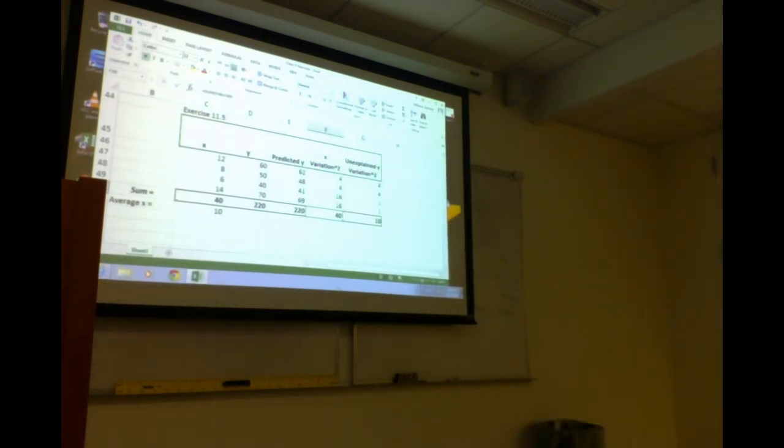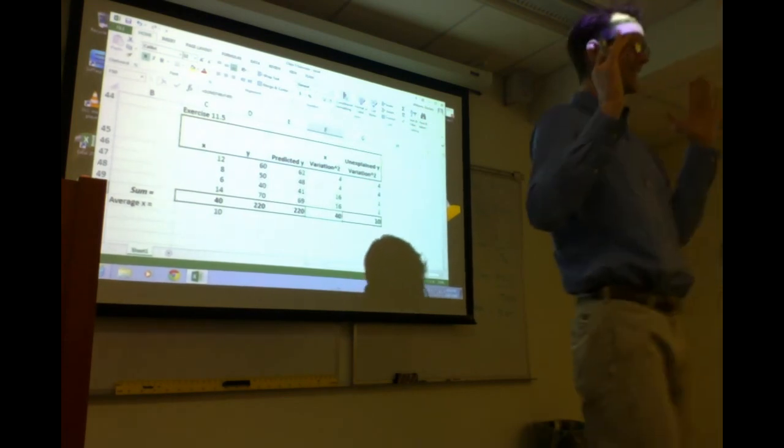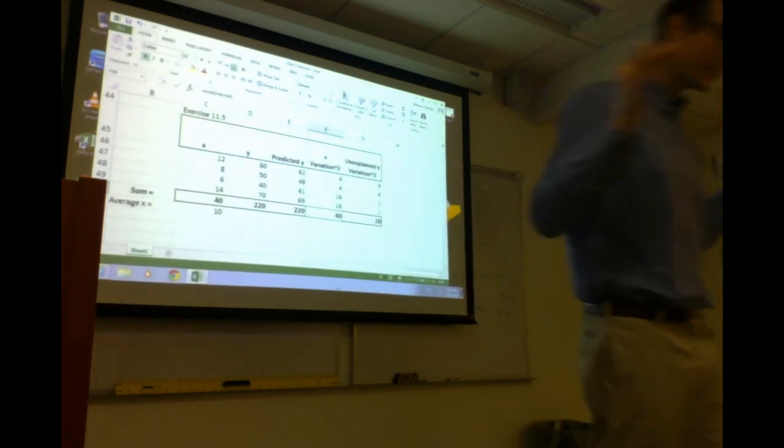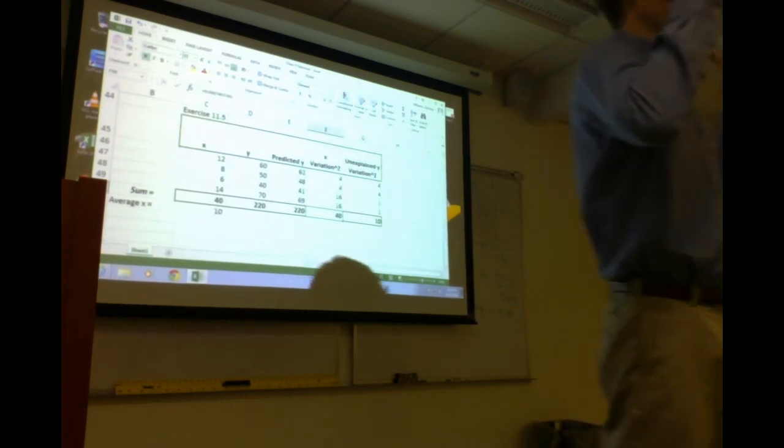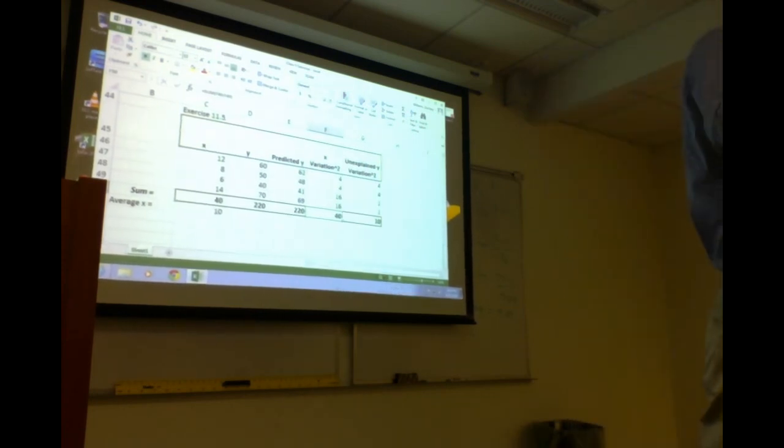What we need now are critical values. We're at the 5% significance level, right? So we could say our definition of unlikely is 5%.